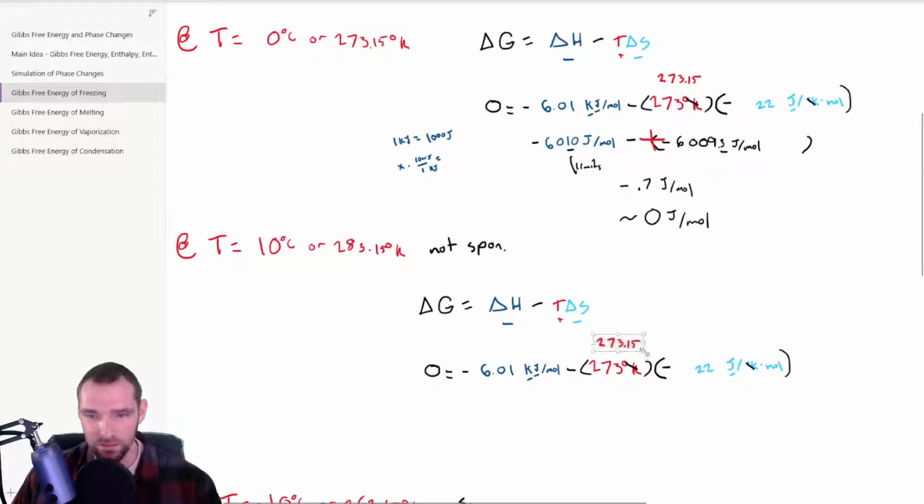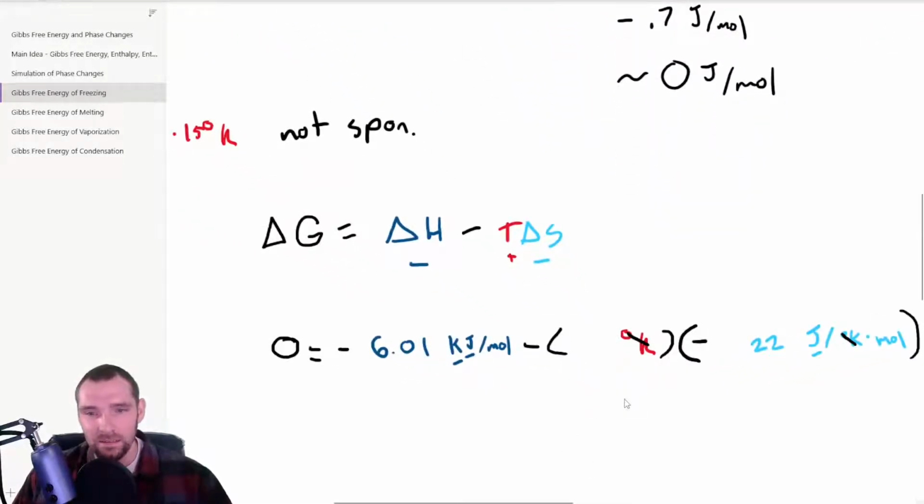So instead of 273.15, this is going to be 283.15. I'll make that also red just to be good with our color coordination.